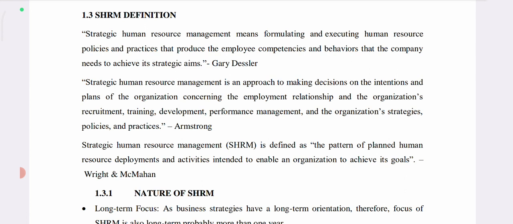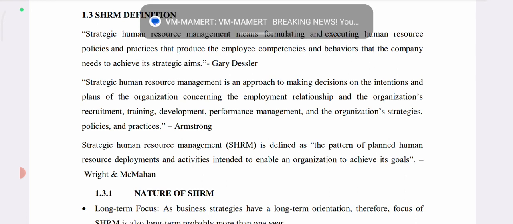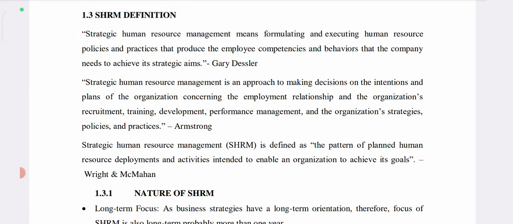There are a lot of definitions, but in one line, it covers employment relations, recruitment, training, development, performance management and organization strategy policies that are implemented here. Strategic human resource management can also be defined as the planned human resource deployments and activities intended to enable the organization to achieve its goals, according to Wright and McMahan.